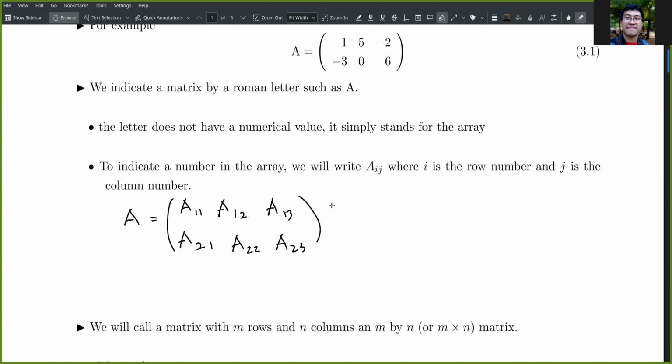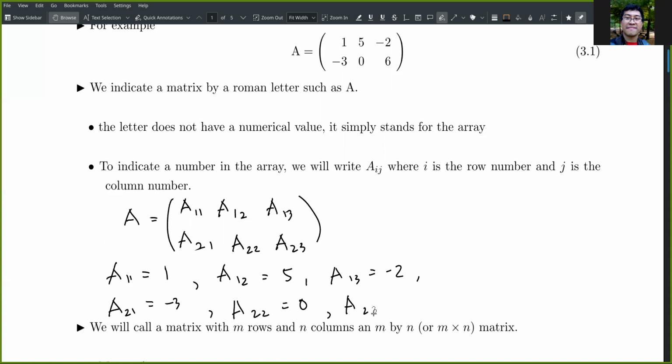Comparing with this matrix, you have A11 equals 1, A12 equals 5, A13 equals minus 2, A21 equals minus 3, A22 is 0, and A23 is 6.